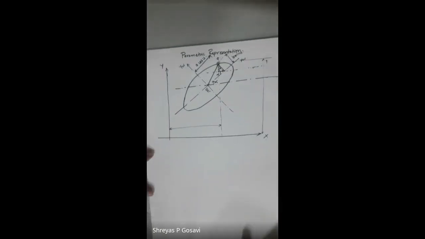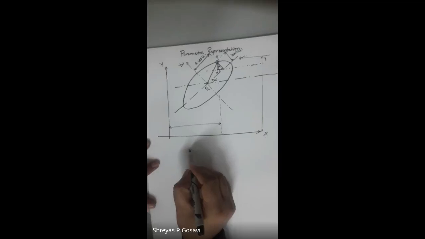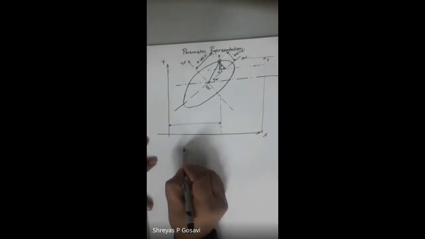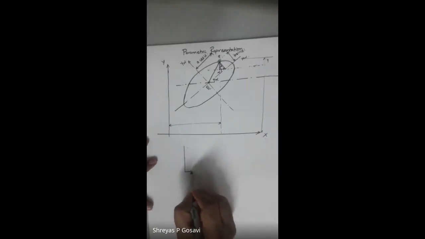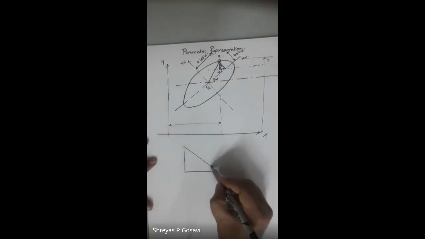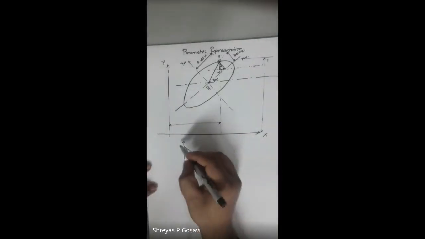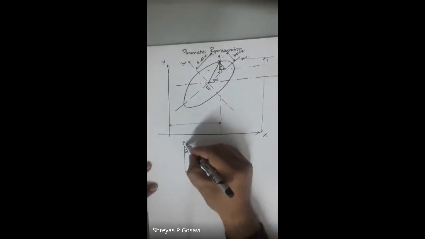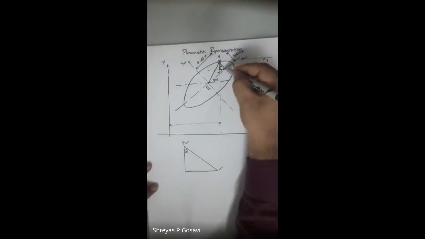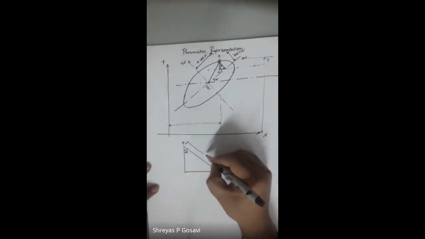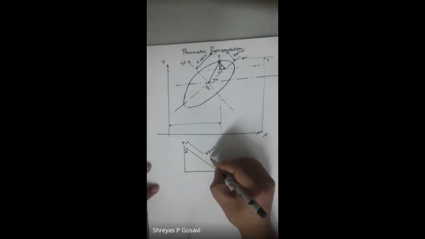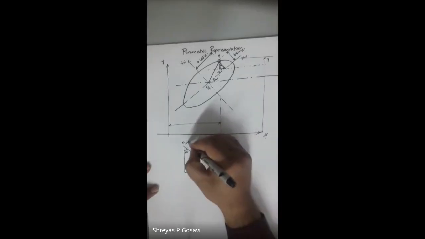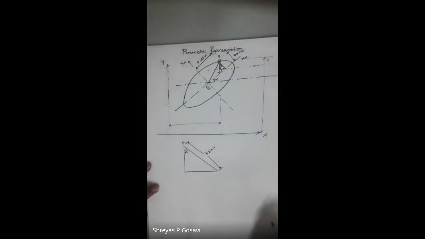Okay, so I'll redraw the same triangle. This is the point P on the curve, which is making an angle of alpha now. We know the vertical distance, which will now be considered as the hypotenuse of this triangle, that is b sine of u. Okay.